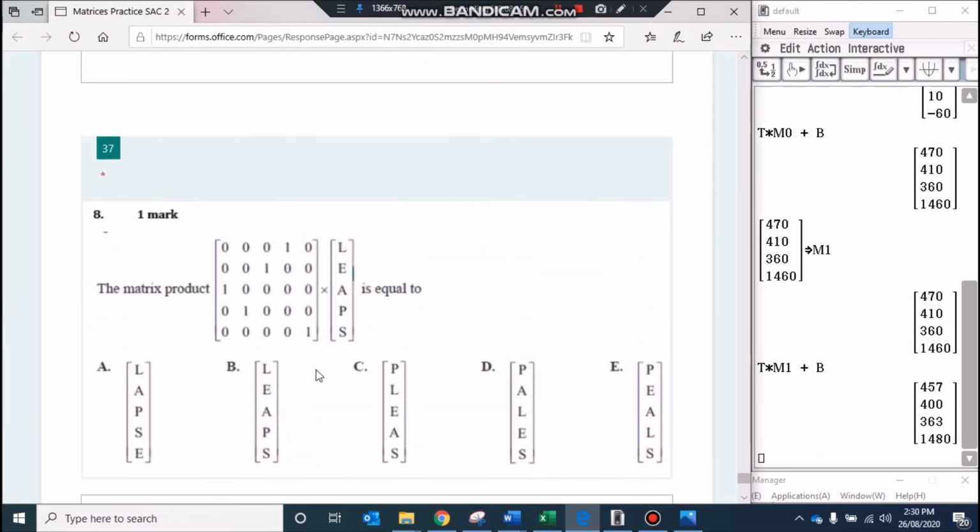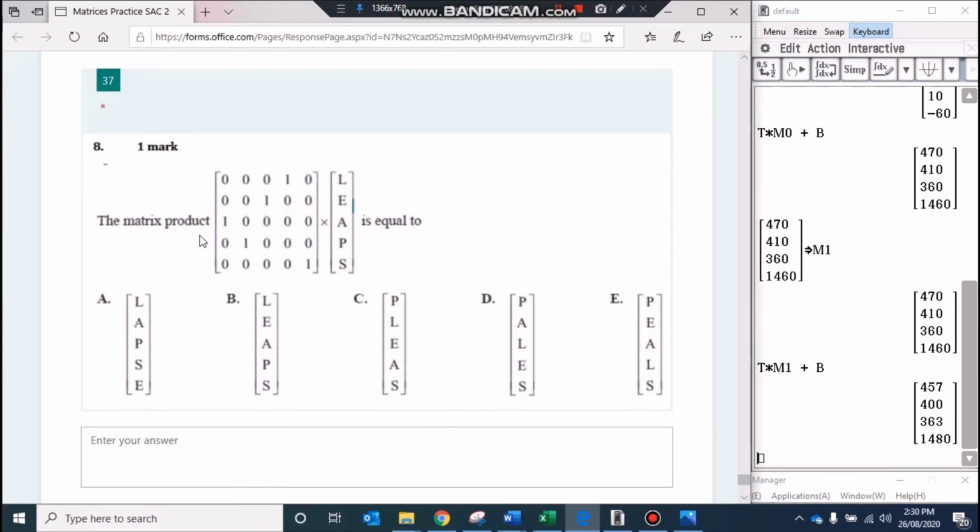And the final question, question 8. We've got a matrix product: a permutation matrix multiplied by a column matrix, which forms the word leaks. I think we have discussed this one already in previous RLTs, but we'll do it again. So think about this matrix multiplication.